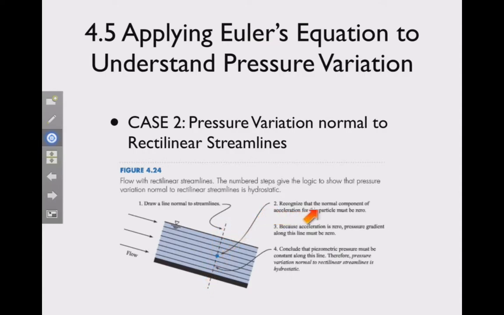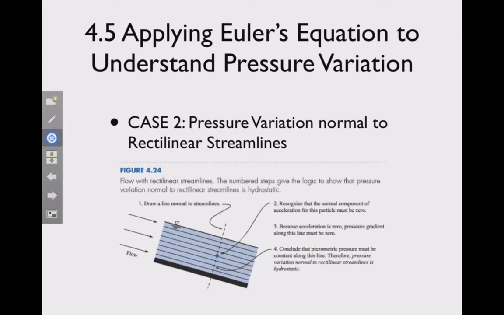We're recognizing that the normal component of the acceleration for this particle must be zero, because there's no curvature to any of these streamlines. Therefore, there's no normal component. So the only acceleration that we can have in this fluid is going to be tangential. Because that normal acceleration is zero, the pressure gradient along this line must also be zero. At a given depth, the piezometric pressure is constant and not changing.